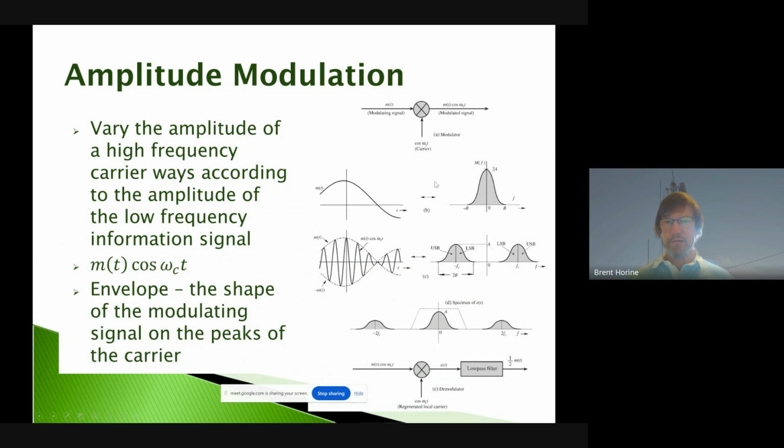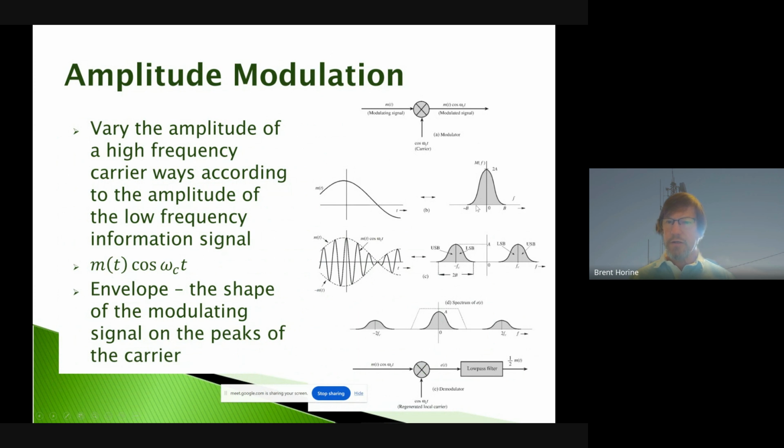This figure's from your book. Here we have the m(t), and here we've got the spectrum of that. Note that it's a low pass spectrum. And then when we modulate it, we have this frequency translation going on, right? Now we're moving that whole signal up to around this central frequency, and the same thing happens in the negative region.